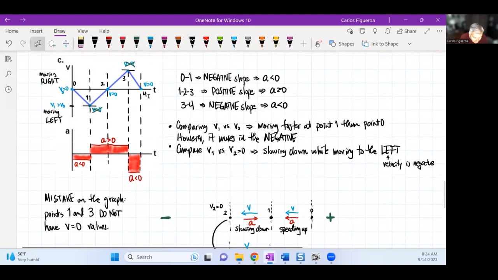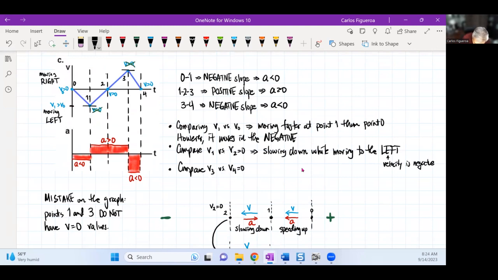So if I look at point 4, you can then see that if I compare V3 versus V4, which is equal to 0, now I'm going to be slowing down while moving right. In other words, because my velocity is positive, I have to be moving right.